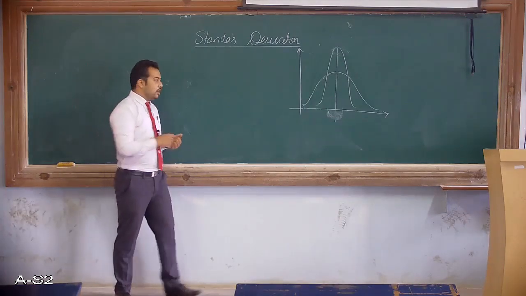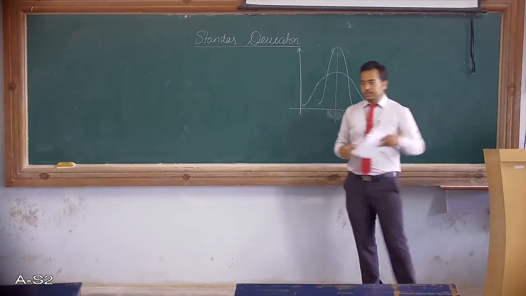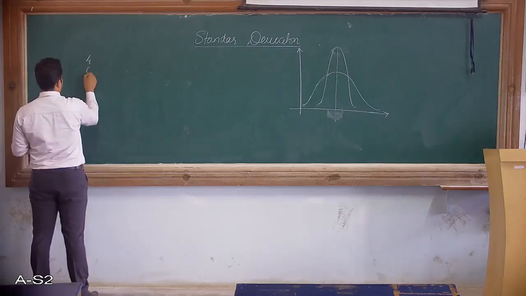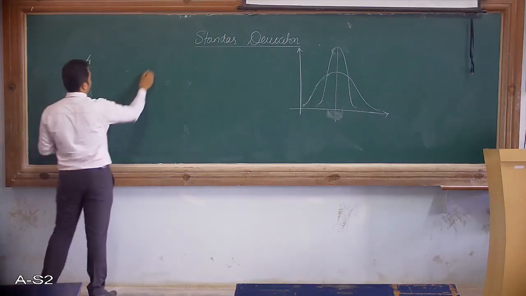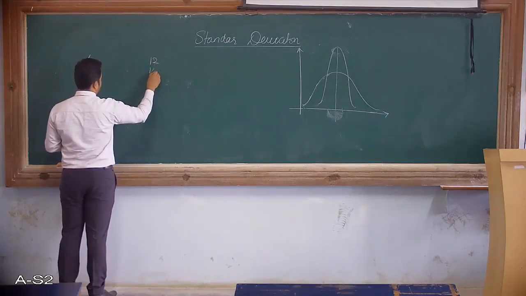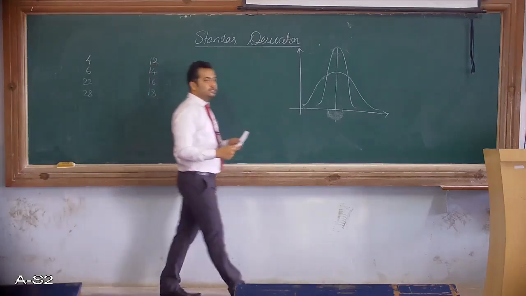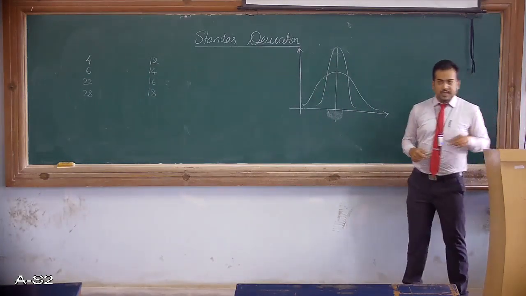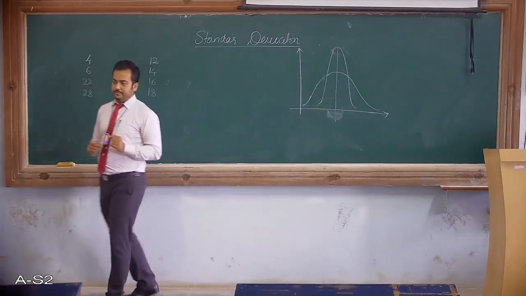Now have a look at one example. Suppose we are given two series. One series is 12, 14, 16, 18, and the other series is 4, 6, 22 and 28.